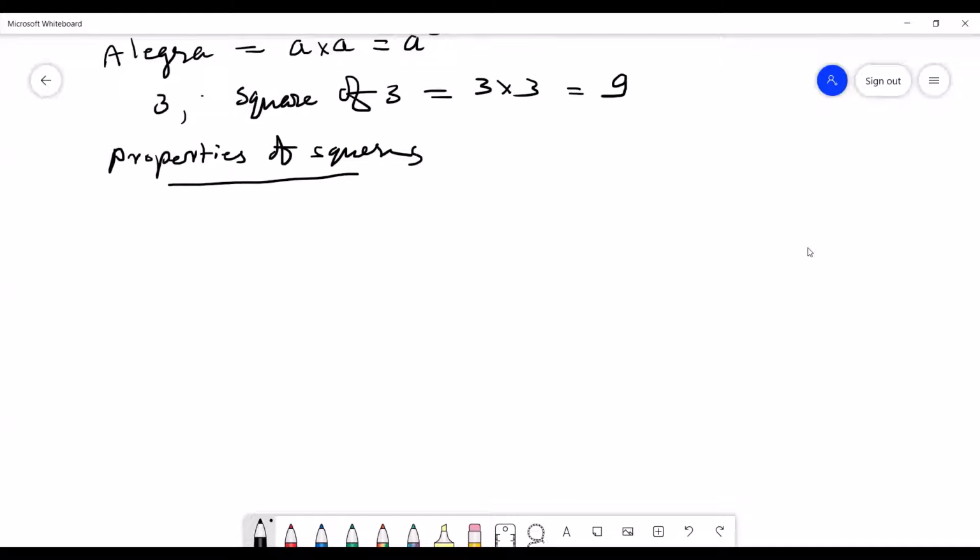Let us write the squares of some numbers from 1 to 10.